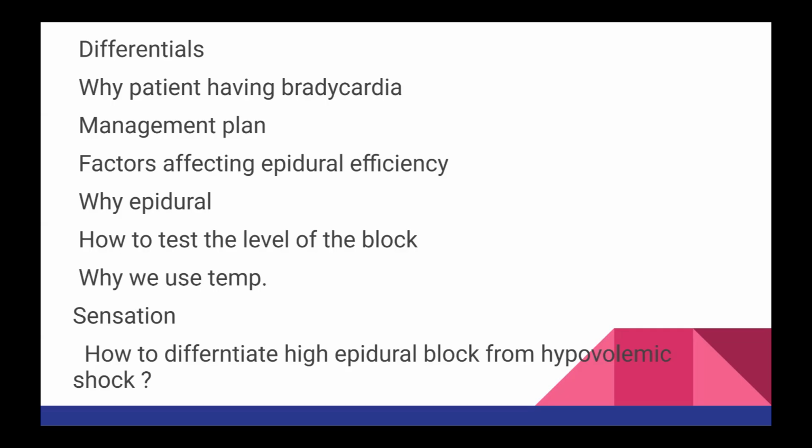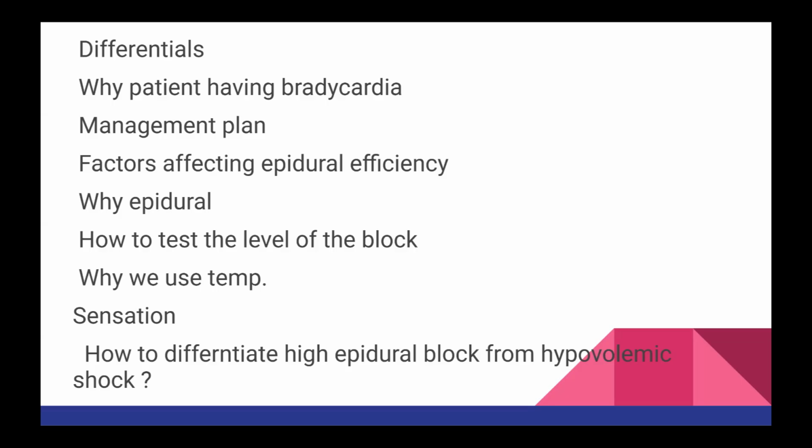Okay, so how can you test for the level of the block in this patient? Either pain or temperature can be tested, but most probably temperature is tested more than pain because pain can lead to the triggering of increased pain or bleeding.